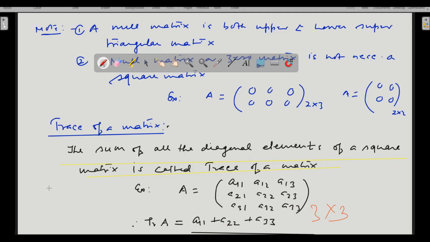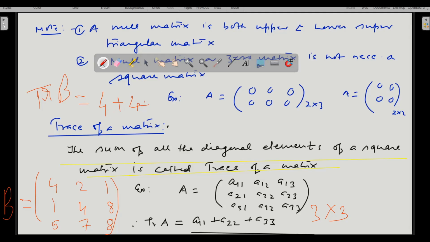Suppose we have an imaginary matrix of this kind, which I am giving you. Suppose this is matrix B, and I want to find out the trace of this matrix B. The trace of matrix B will be equal to the sum of the diagonal elements, that is 4 plus 4 plus 8.